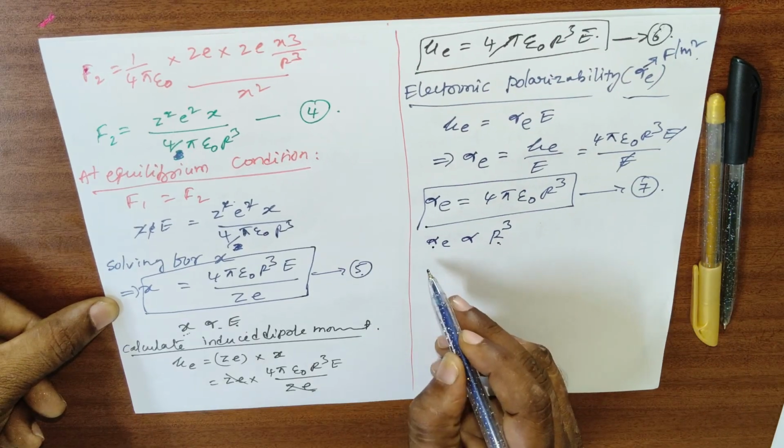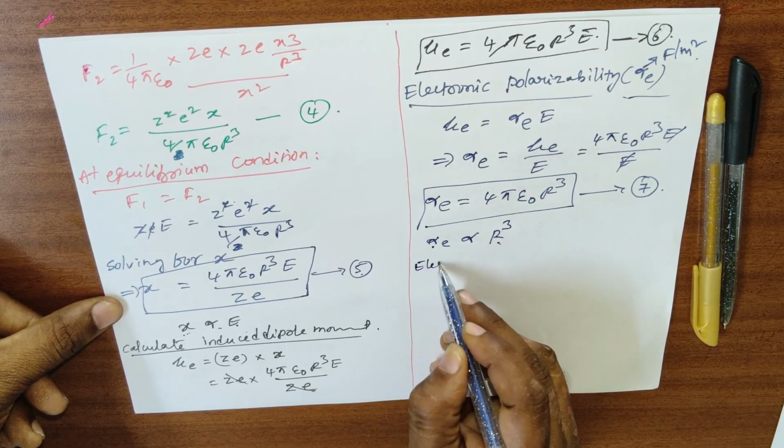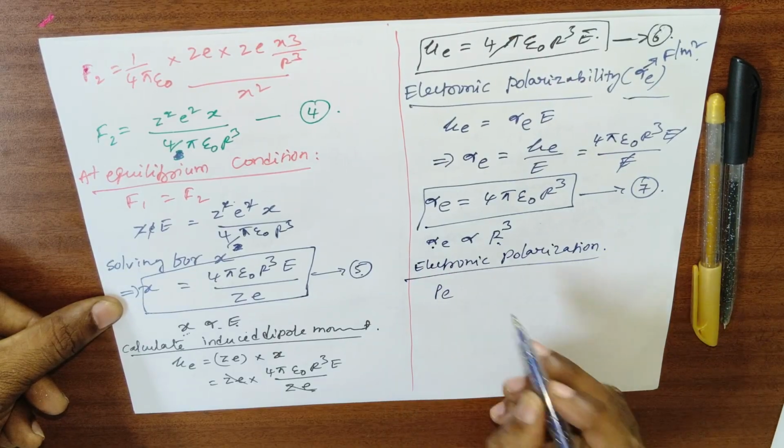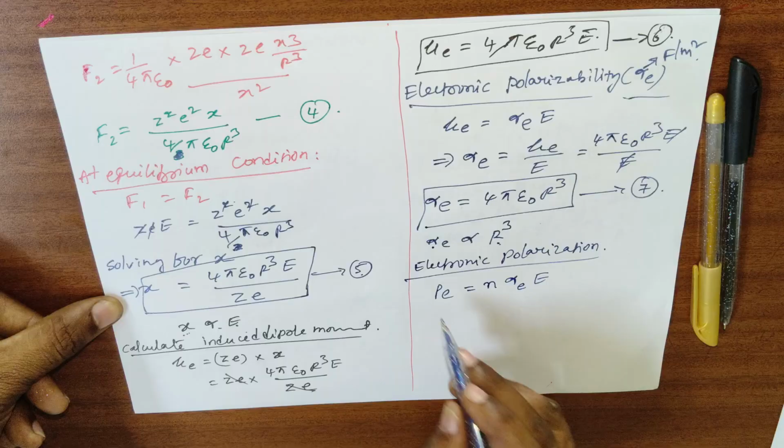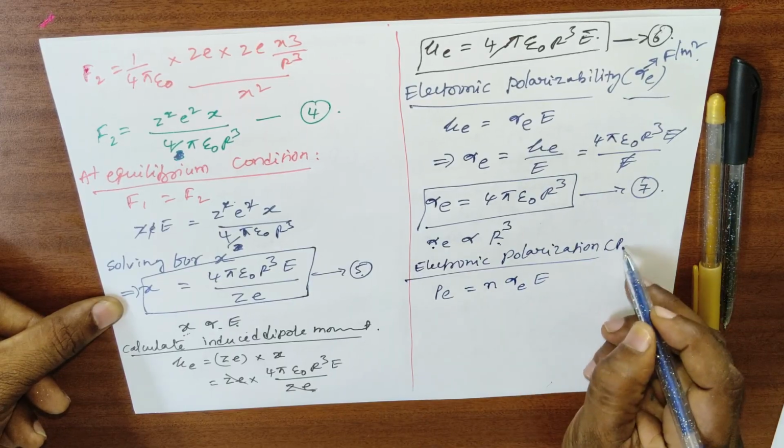Next, calculation of electronic polarization, that is PE. We know PE is equal to N into alpha E into E. This is the formula for total electronic polarization.